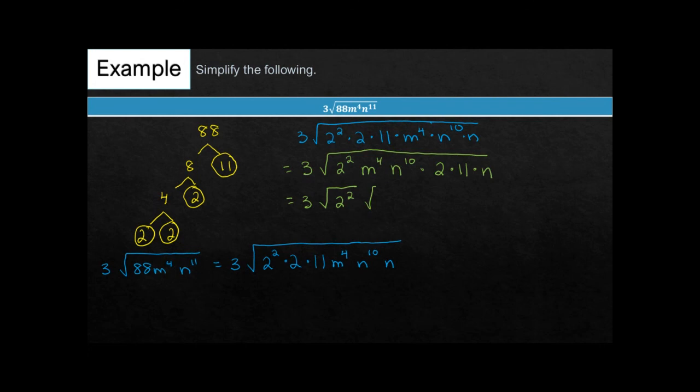And everything that does not have that exponent is going to be stuck in the same square root. So I've got 3 times the square root of 2 squared times the square root of m to the 4th times the square root of n to the 10th times the square root of 2 times 11 times n.